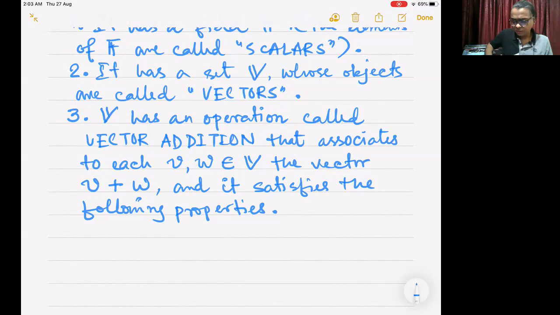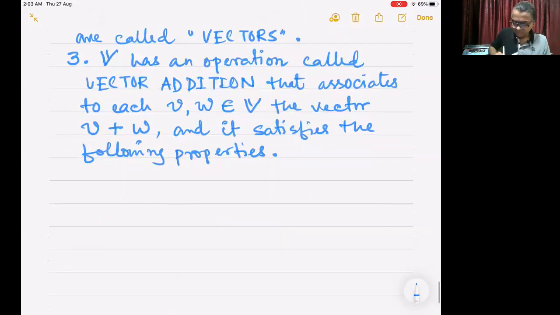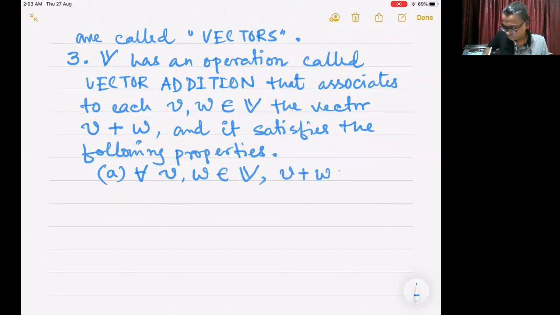But this addition must satisfy the following properties. Number A, it has to be commutative. So for all v, w in V, v plus w equals w plus v. So commutativity.